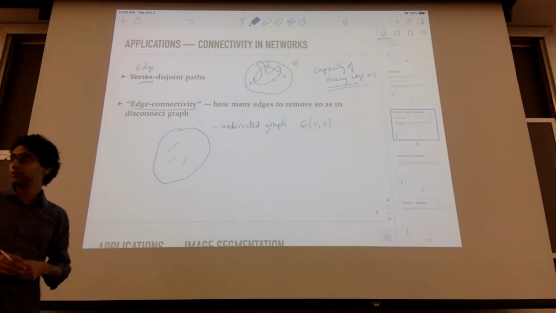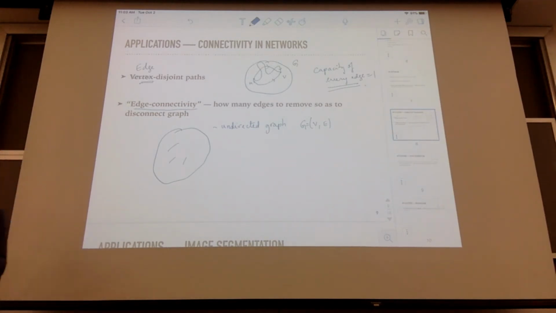So how would you do this problem if you knew how to solve the earlier one? Isn't this just the same as the min cut problem?